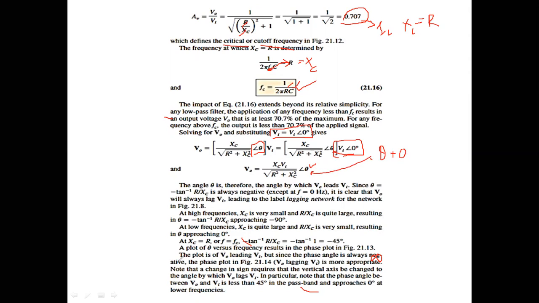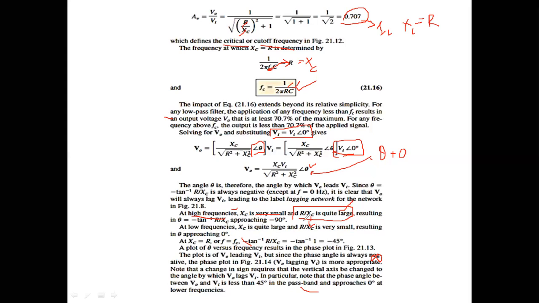So what about the angle at higher frequencies? At higher frequencies, Xc is very small, because it is inversely proportional, so R by Xc will be quite large. At high frequency Xc is small, so R by Xc will be large.